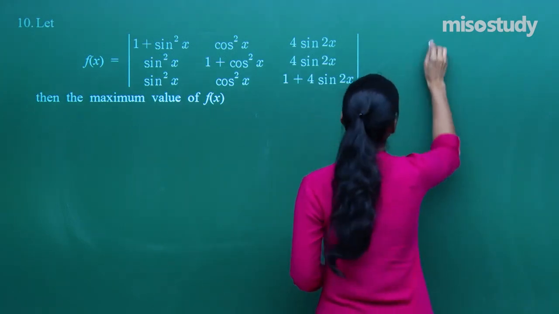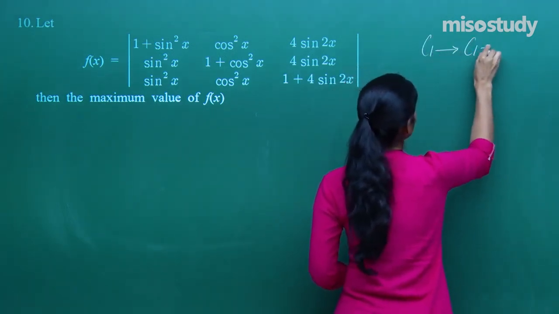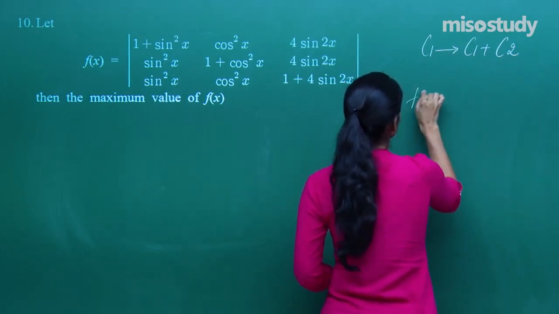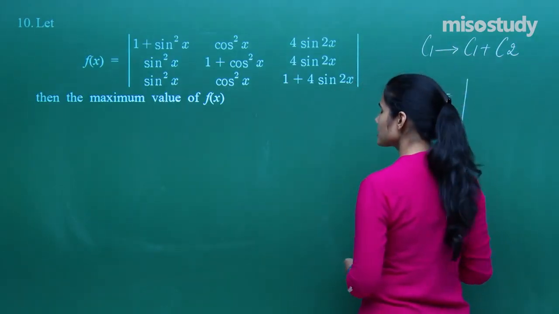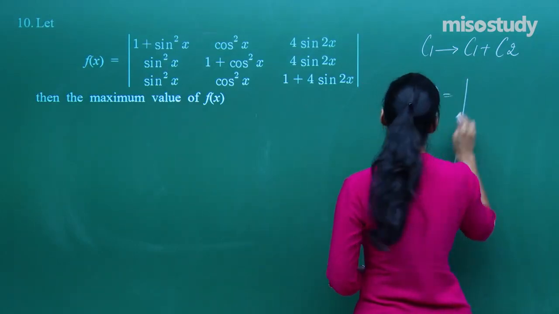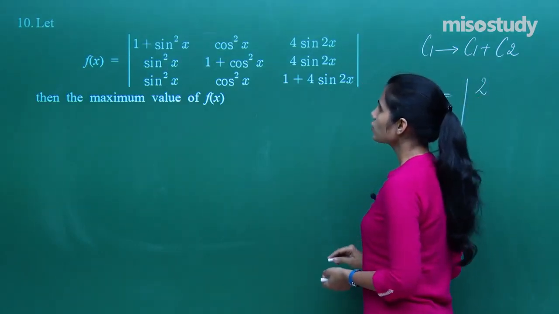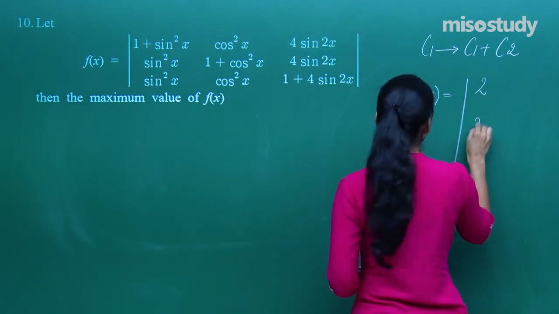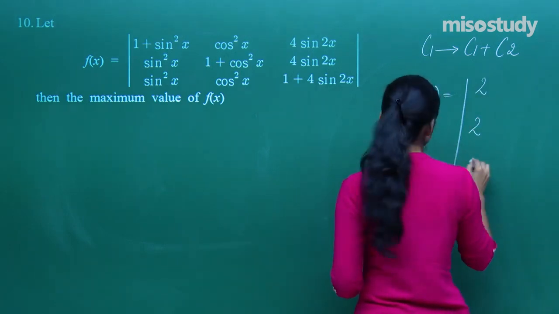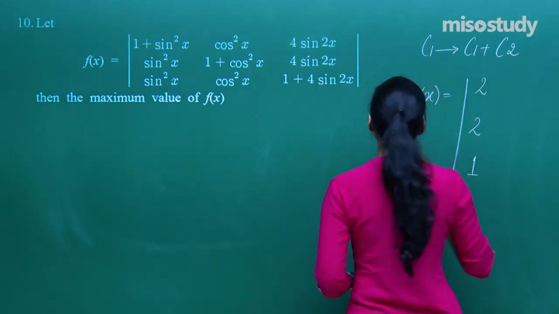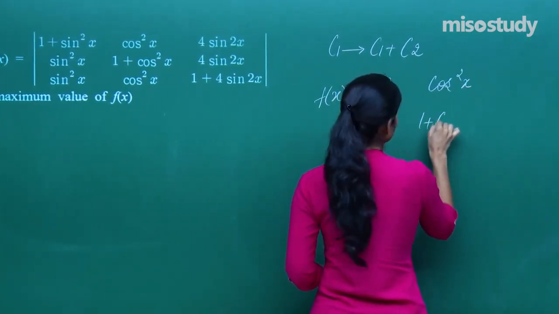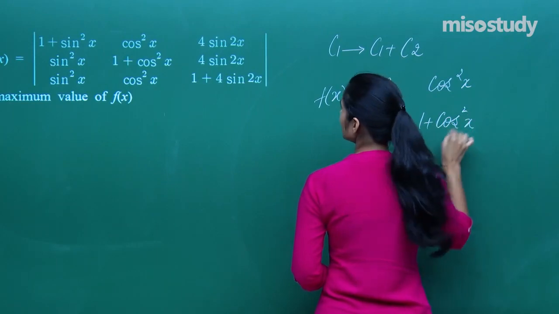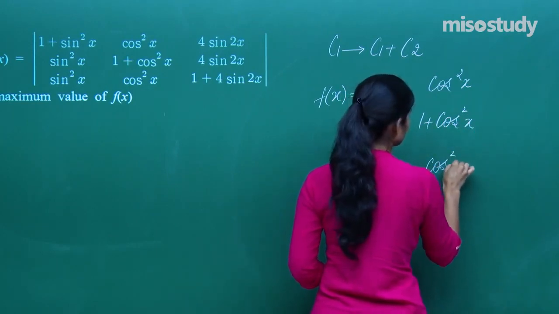If I say column 1 goes to column 1 plus column 2, f(x) becomes what? 1 plus sine square x plus cos square x, that is 1 plus 1 which makes it 2. Then you have sine square x plus 1 plus cos square x which is again 2, and sine square x plus cos square x gives you 1.